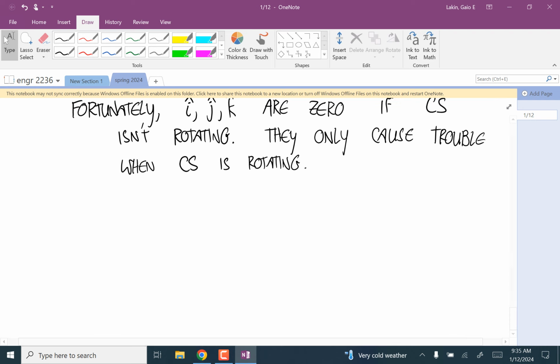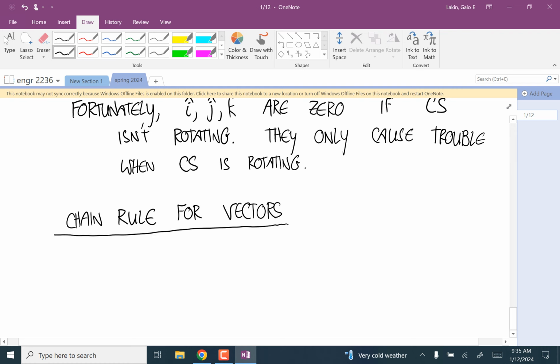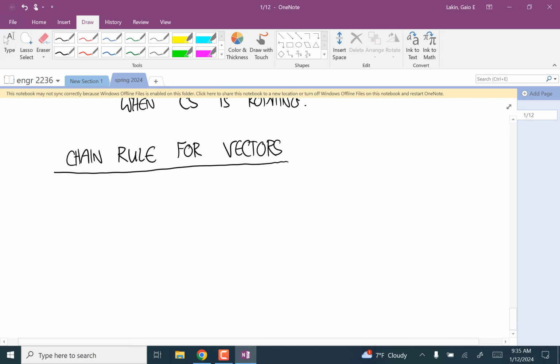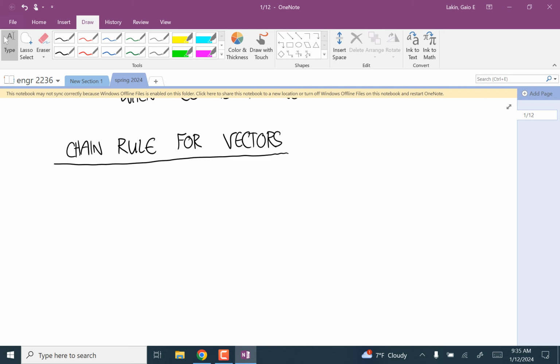And then the last one is chain rule for vectors. This is really only going to come up in one way.